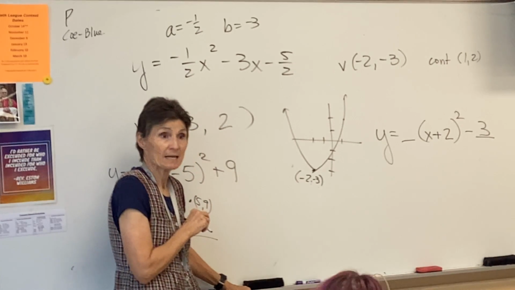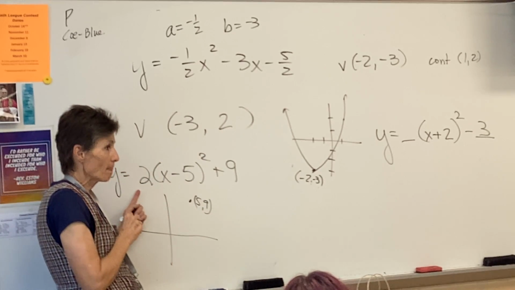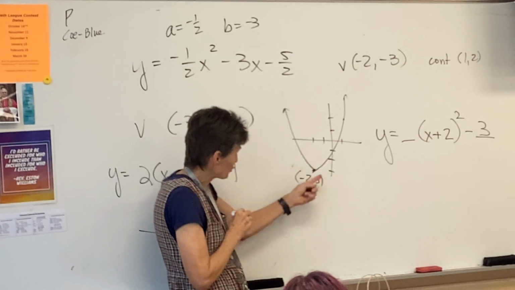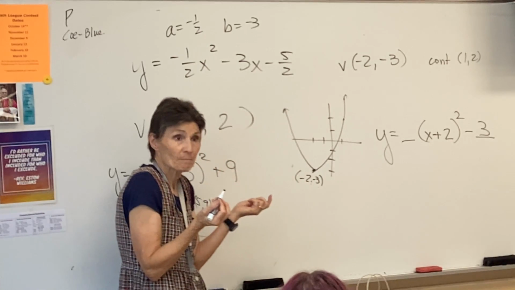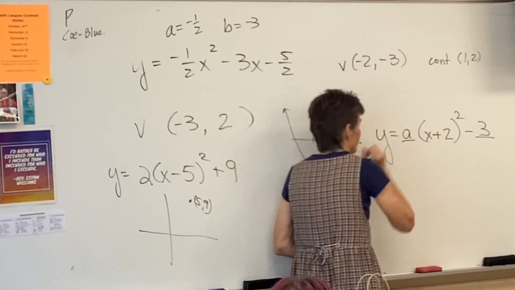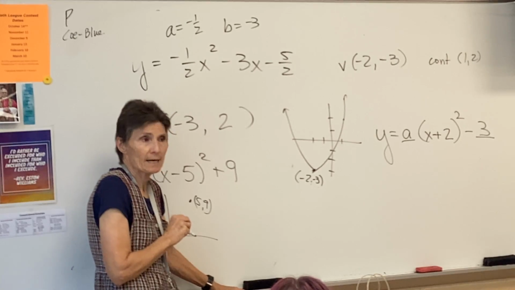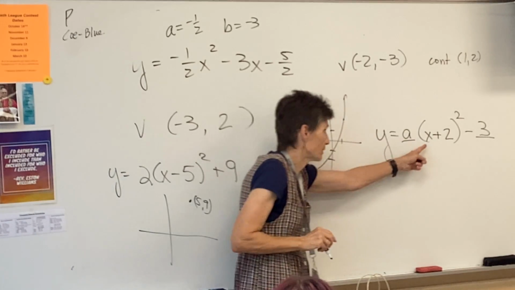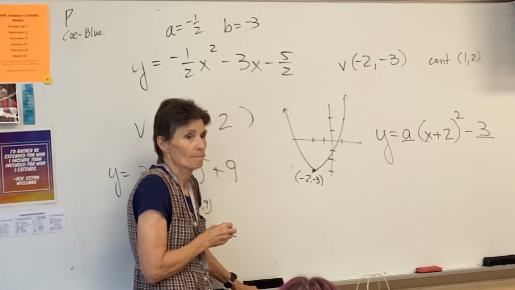The only thing that's missing is, I don't know what this number is out front. I can kind of tell from my picture that it's going to be positive, but I don't know what it is. So for now, I'm just going to call it A. You can call it N, you can call it anything you want, don't call it X, because we already have an X. It's just some number.